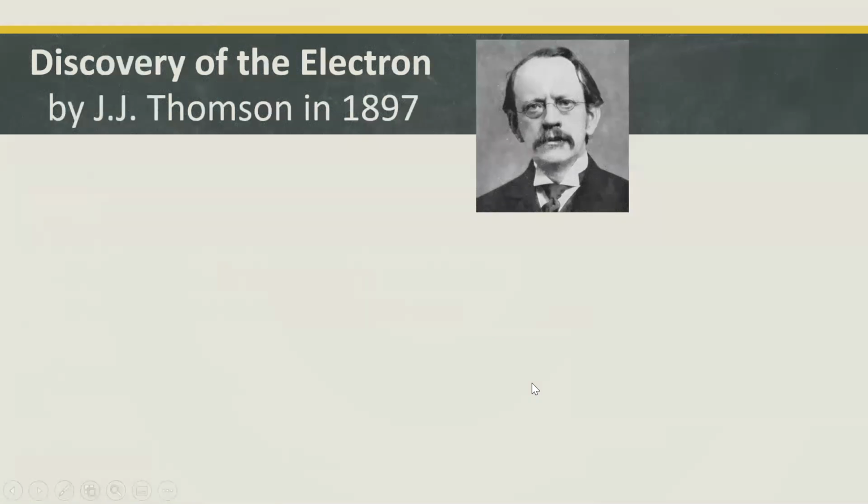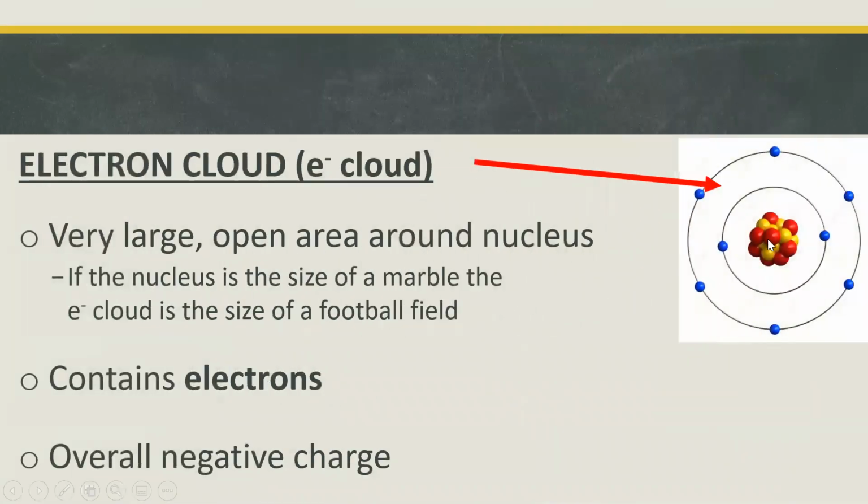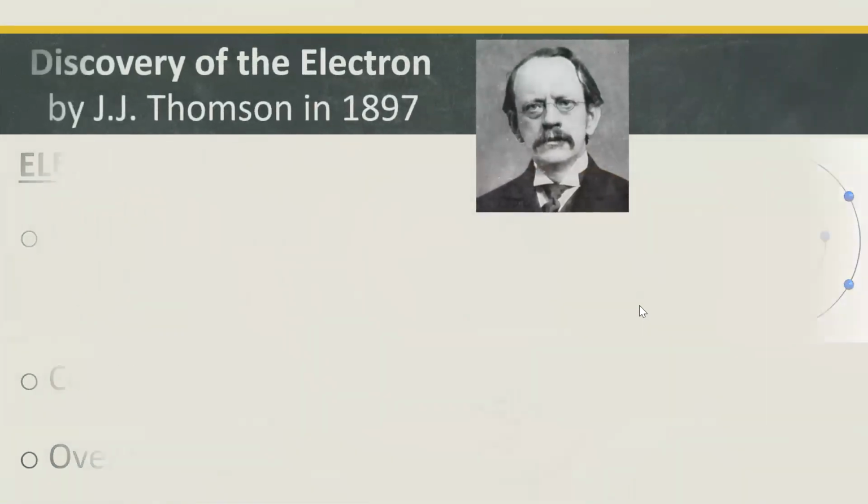Going back to the previous picture, we said that the nucleus is positive, the surrounding electron cloud is negative. Positive and negative cancel out, so the atom as a whole is neutral. So he knew there was positivity here, and he knew the atom was neutral, so he theorized there must be something negative within the atom to cancel the positivity out. And he was obviously correct.